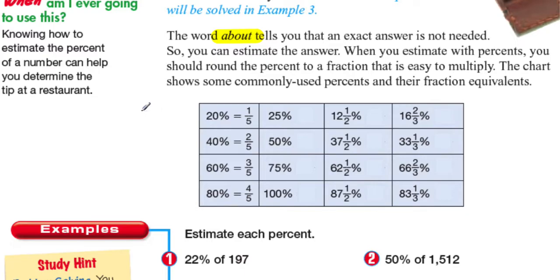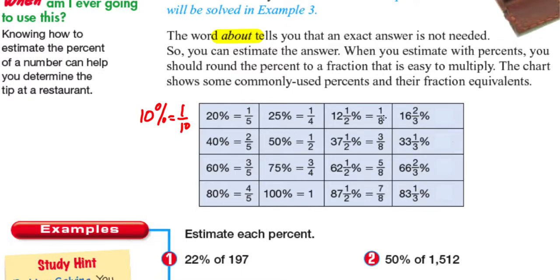There, you forgot to mention 10%. I'm going to say it here. 10% is equivalent to 1/10. 25% is 1/4. 50% is 1/2. 75% is 3/4. 100% is simply 1. 12.5% is 1/8. 37.5% is 3/8. 62.5% is 5/8. 87.5% is 7/8.